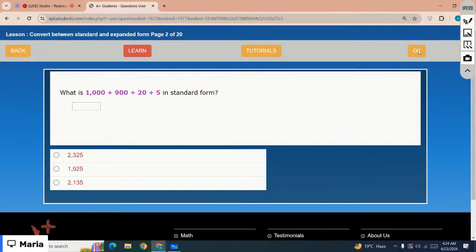What is 1900 plus 20 plus 5 in standard form? Which is the correct option? That is option number 2, 1925.